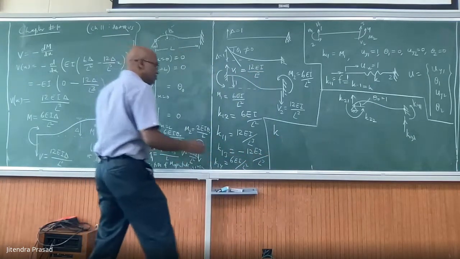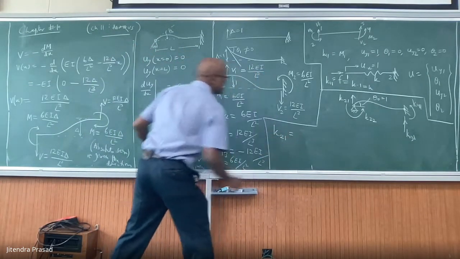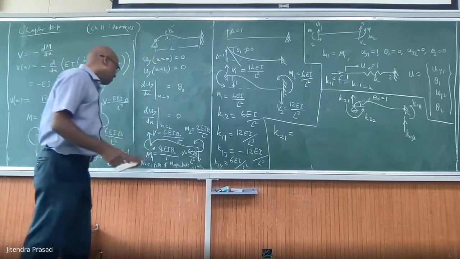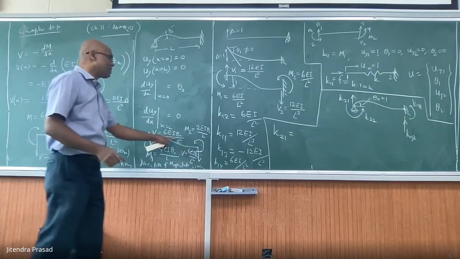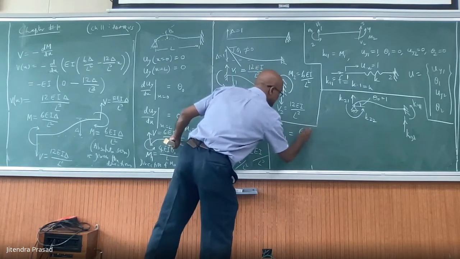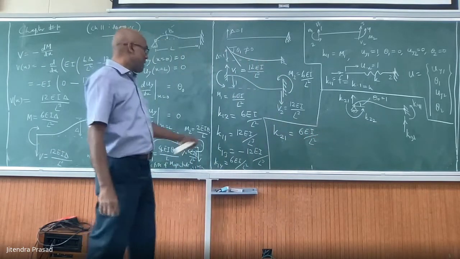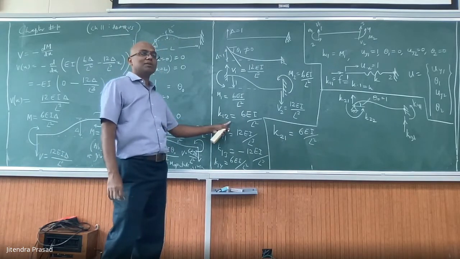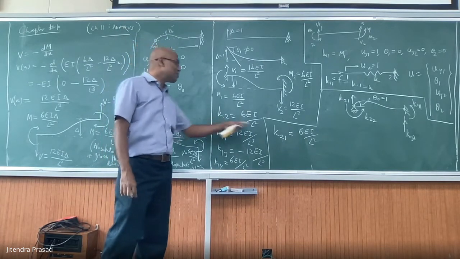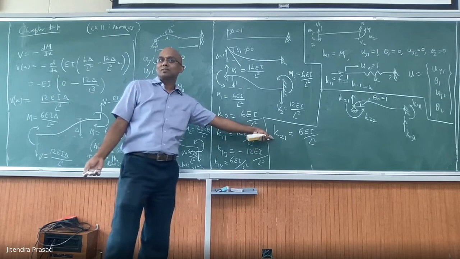Let's start with K21. K21 is the one which is upward, 6 EI over L square. Well, does it match with this? K21 is matching, right?